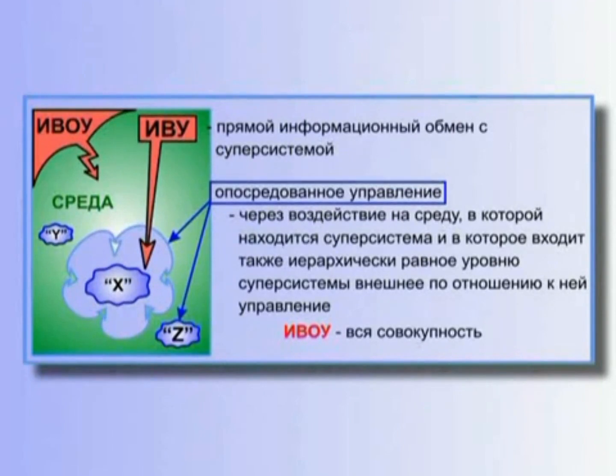That is, it is important to clearly understand that the hierarchically highest management is when management is exerted from a higher level of the supersystem hierarchy and mediated. This is when it is through the environment or neighboring supersystems.